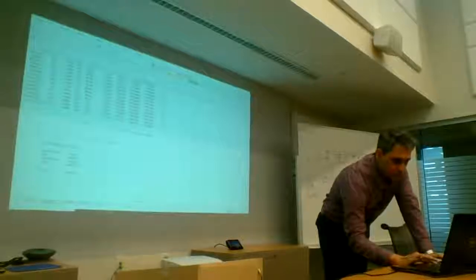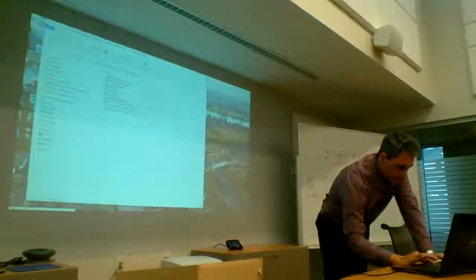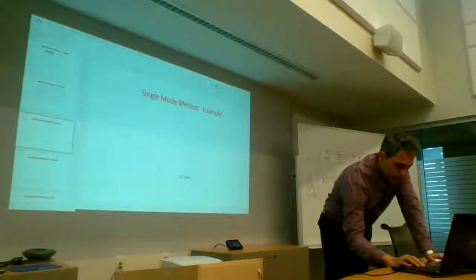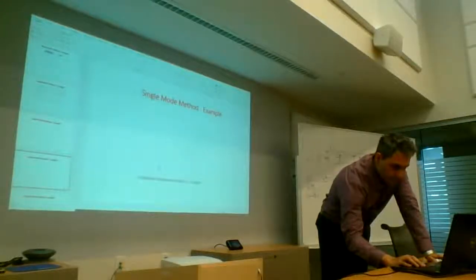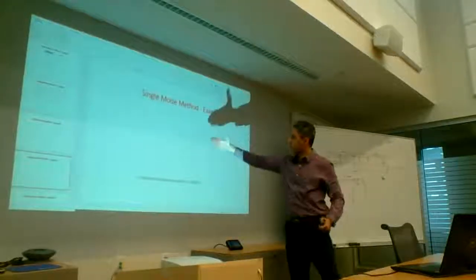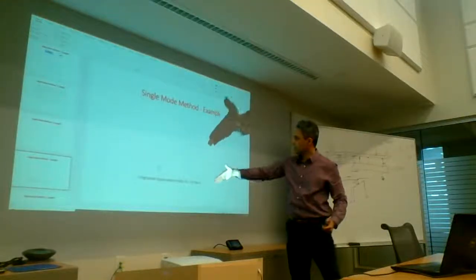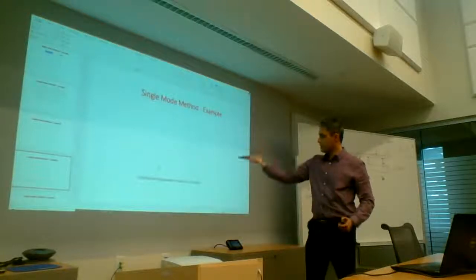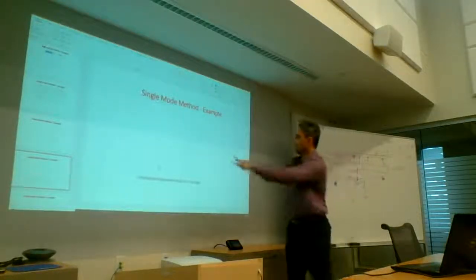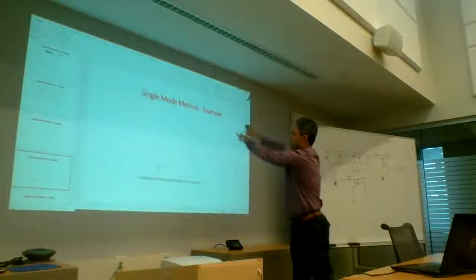Okay, so if I show you, now let's go back here. So this is a single mode method, 3D model. This is a longitudinal displacement profile, and you can't really see very clearly, but the column is bending forward, because I've applied 10 kilonewton per meter of loading this way.